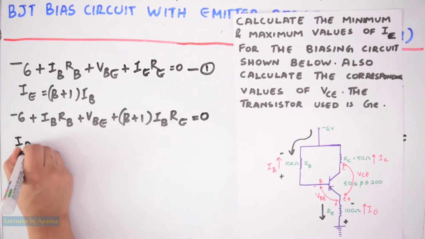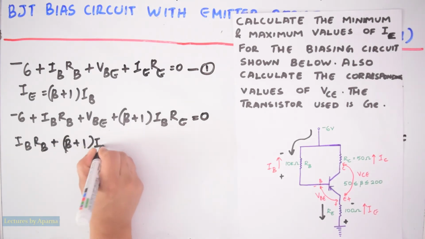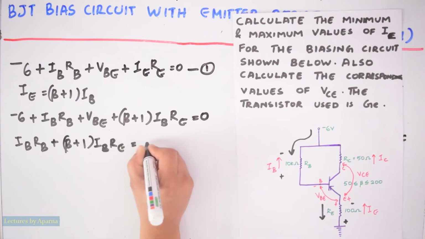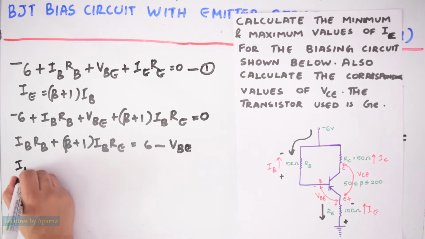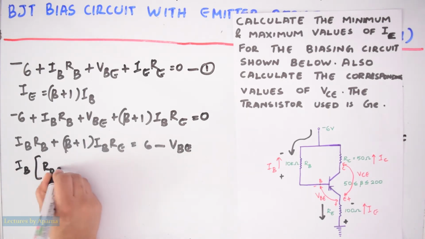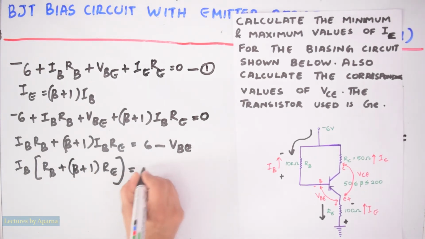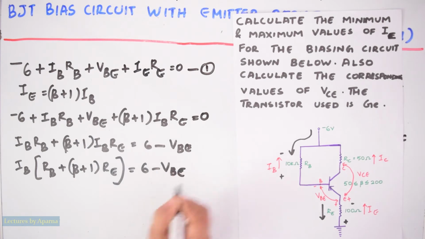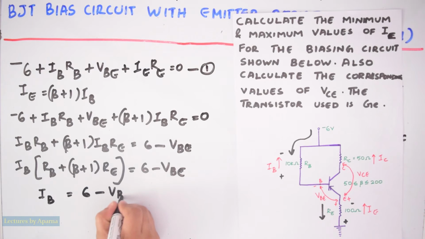So it will be IB RB plus beta plus 1 IB RE is equal to 6 minus VBE. I am taking IB outside. So it will be RB plus beta plus 1 RE is equal to 6 minus VBE. So IB is equal to 6 minus VBE divided by RB plus beta plus 1 RE.